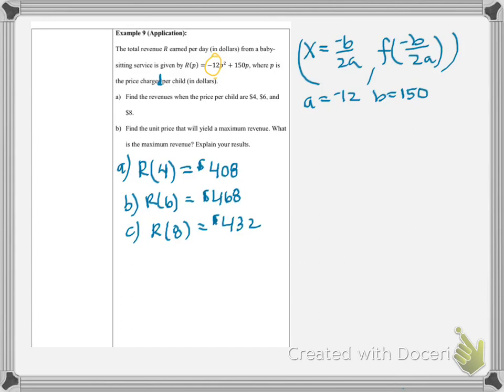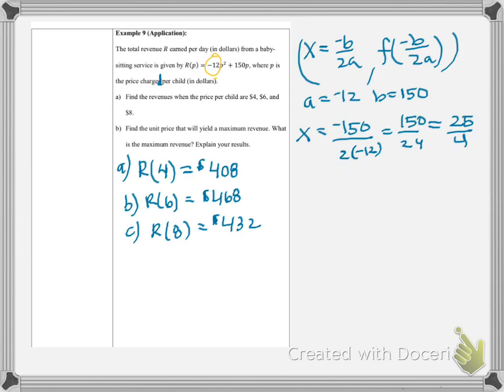Because there's no constant term there. Okay, so x is negative 150 over 2 times negative 12, so that's 150 over 24. All right. Once you simplify that, you should get 25 fourths, if I simplify that correctly.